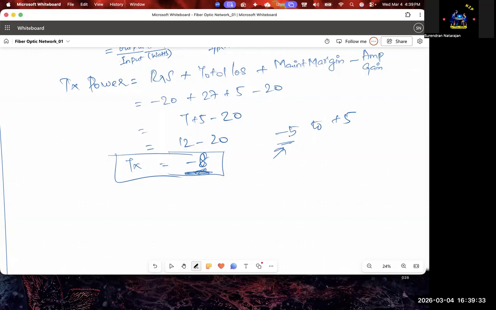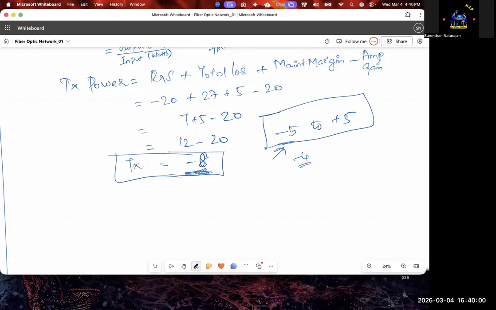You can go with minus 5, minus 4 also, as long as you are not damaging the receiver. Now we will see what the Rx power is. You tell me a value, because minus 8 is the lowest value but the range is minus 5 to plus 5. We will take that and do the Rx power calculation, whether it is damaging the receiver or not.